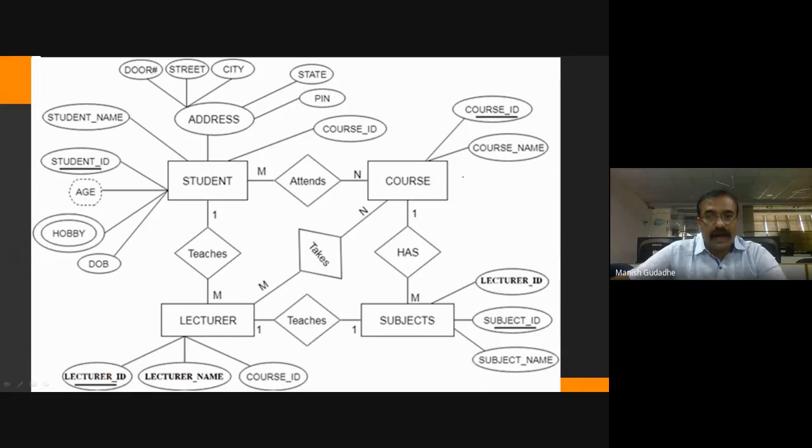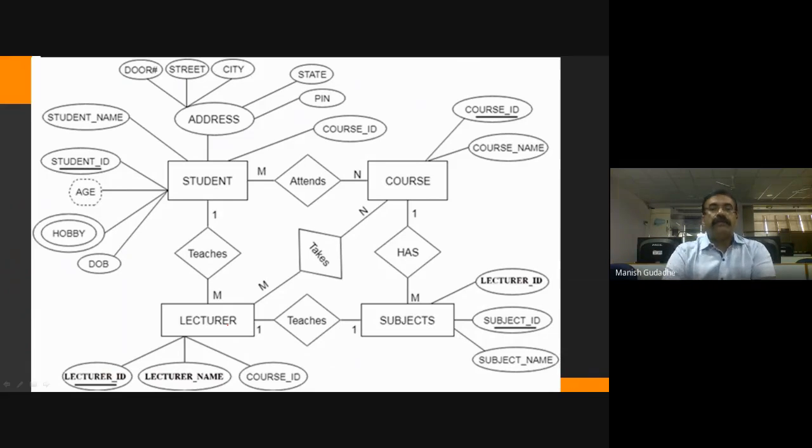Now there are four entities, and these four entities are related to each other. They are forming relationships among each other. It is not necessary that every entity will be connected to all the other entities present in the database.